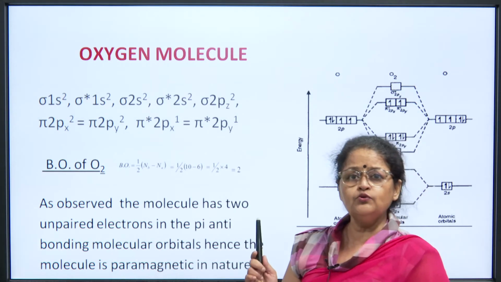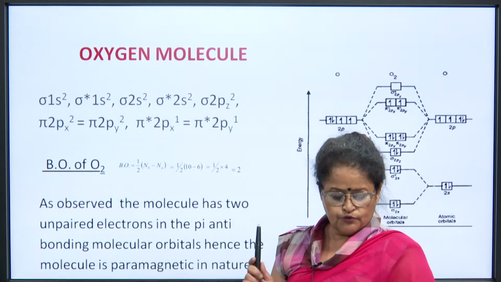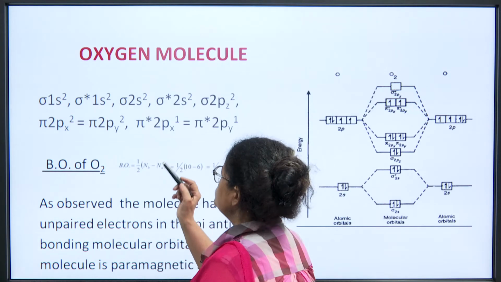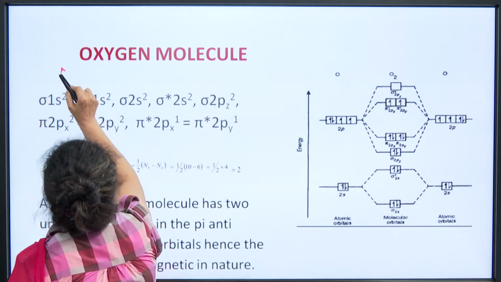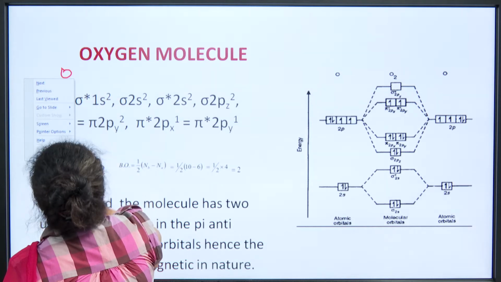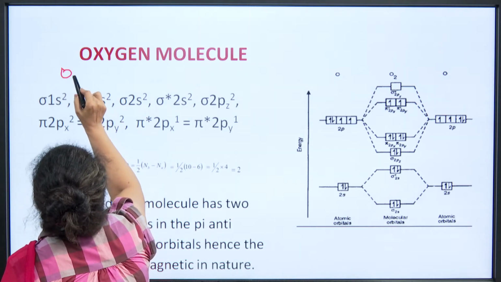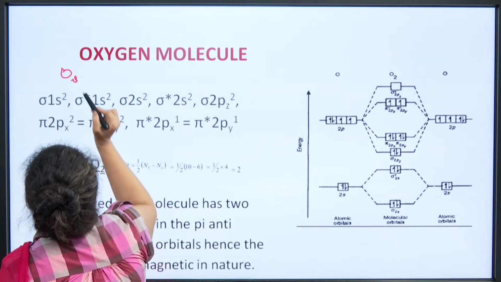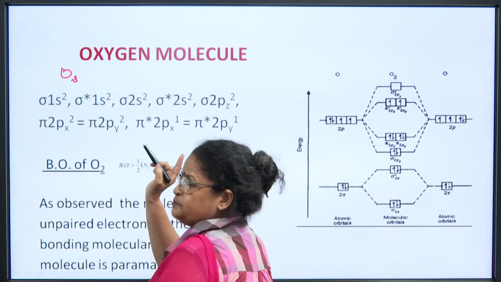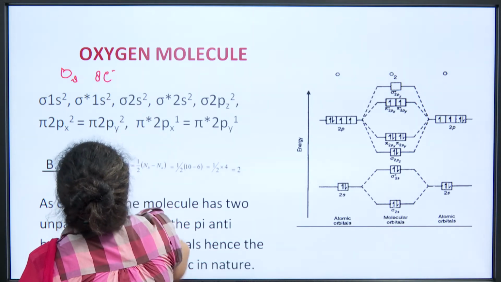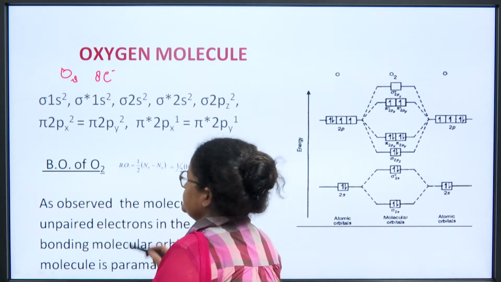So, if we have a look at oxygen, firstly the number of electrons found in oxygen, being 8, so it has 8 electrons.